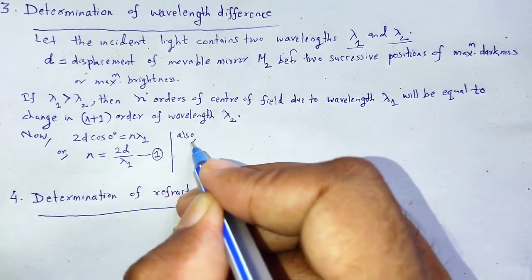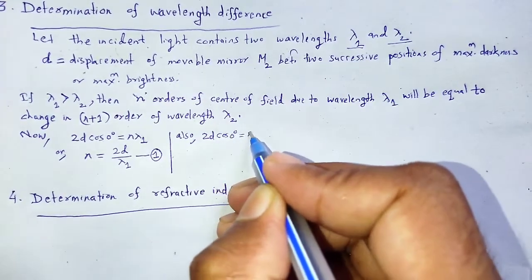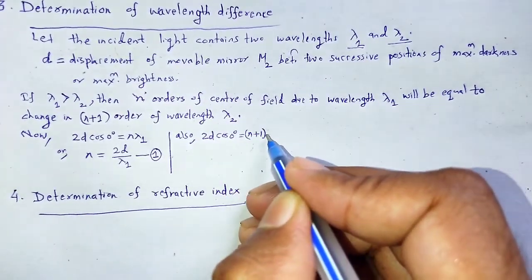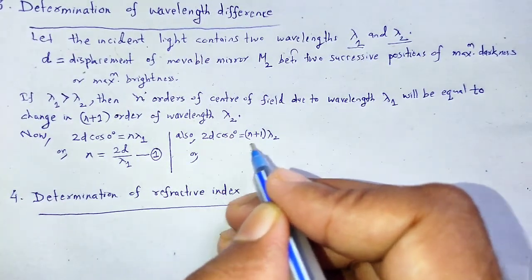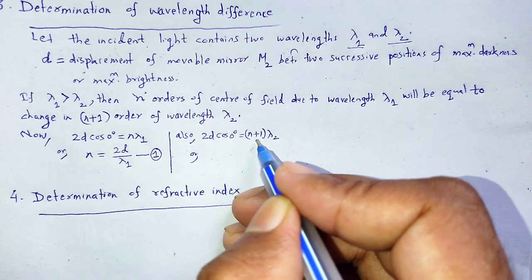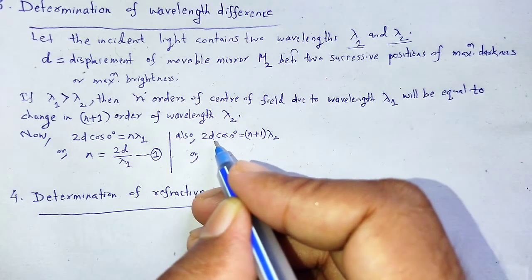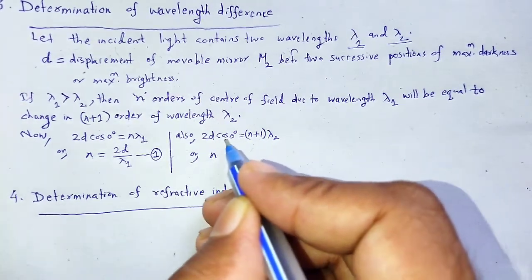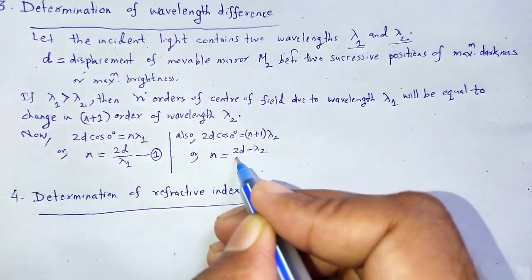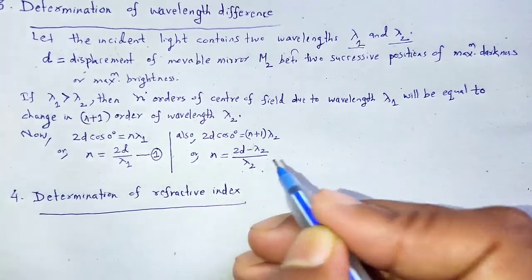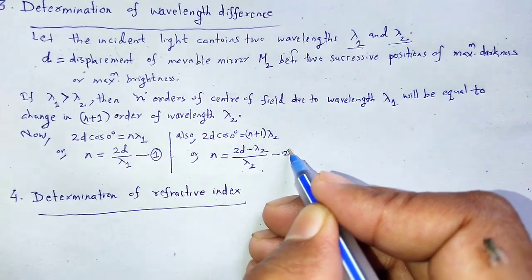Also 2d cos 0 degree is equal to n plus 1 lambda 2. Again here cos 0 is equal to 1, taking n lambda 2 plus lambda 2. So, finally we get n is equal to 2d minus lambda 2 divided by lambda 2. Let that be equation number 2.